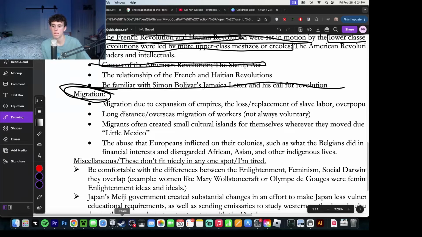So migration comes with push and pull factors. Let's go back to ninth grade AP World, AP Human Geography, and talk about push and pull factors. They're very important, and you can relate them to your everyday life. What do you think a pull factor and a push factor for going somewhere mean?